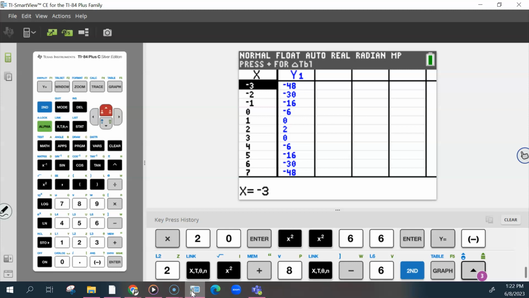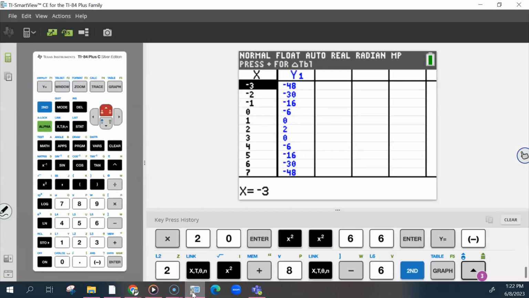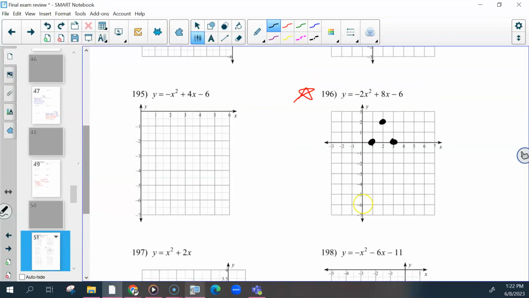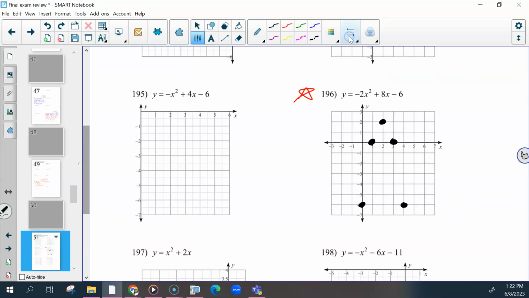So go out from there, 1, 0, 3, 0, 0, negative 6, 4, negative 6. And once you have all of your points, draw a U shape through it. Draw arrows at the end.